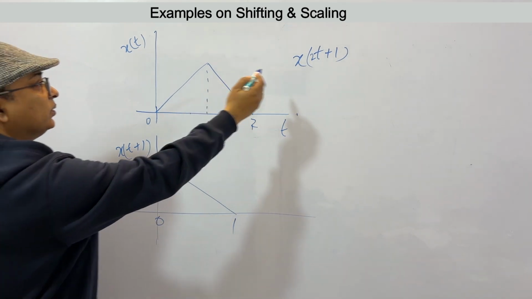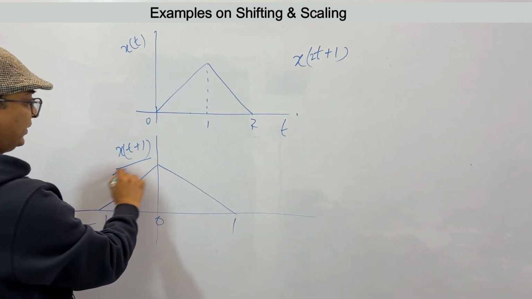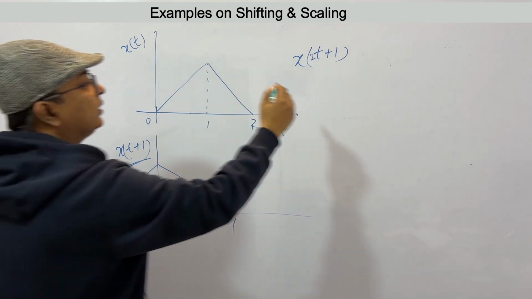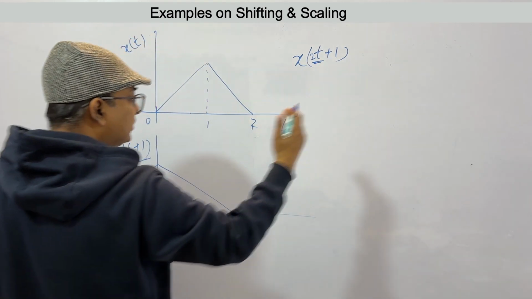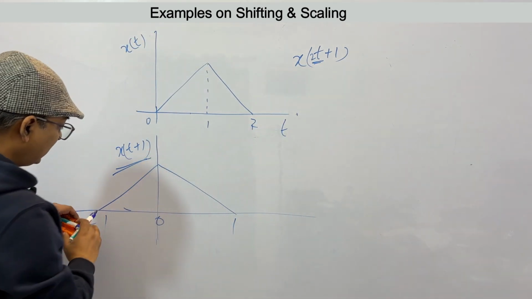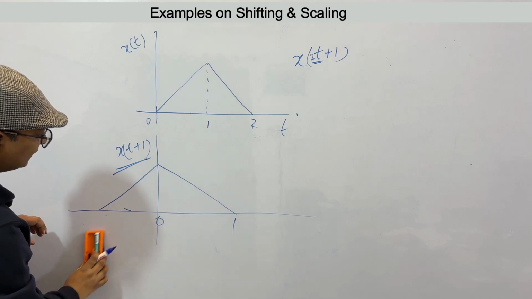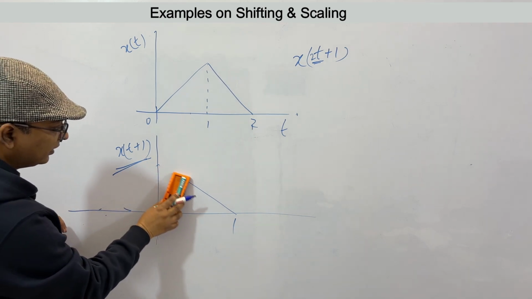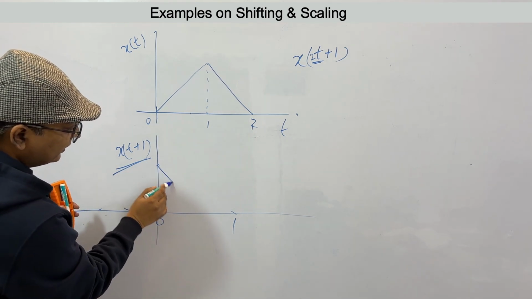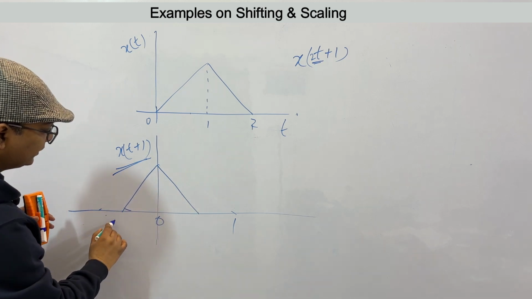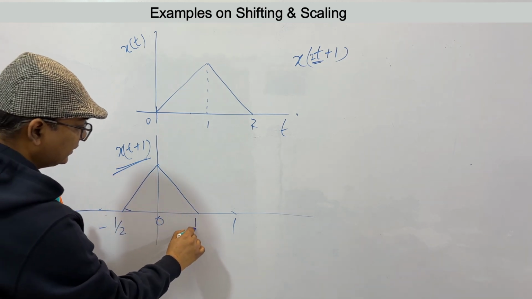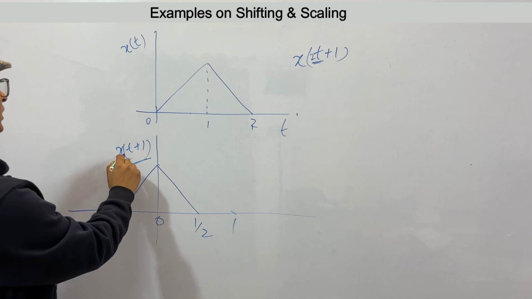So, first of all, what you will do, you will take xt plus 1, this wave, and then you will compress the time. This is twice, so this will halve the original wave. So, now this will be like this. Our new wave will be like this. Half, that is minus half, this is plus half. This is x2t plus 1.